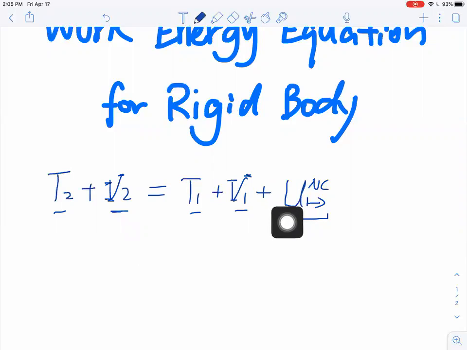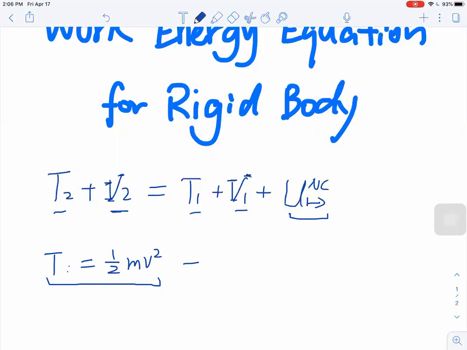Okay, then how would that look for rigid body problems? Since now we have a rigid body, the size, the shape really matters, and the dimension is important. So let's write it down. For particle kinematics, kinetic energy can be written as 1/2 mv squared, right?